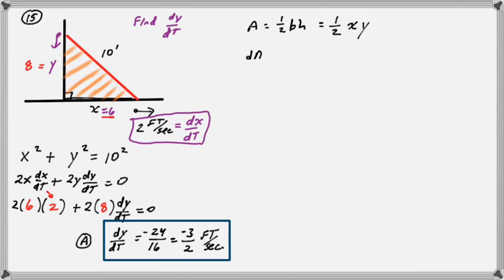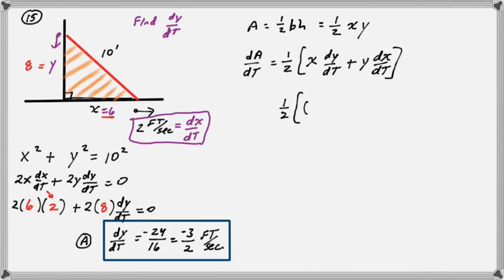I want to find out how fast the area is changing, so they want us to find dA dt. I will do a derivative of x times y. Product rule, x times the derivative of y plus y times the derivative of x. And I think I, in fact, know all these values to be able to answer the question after I plug them in.